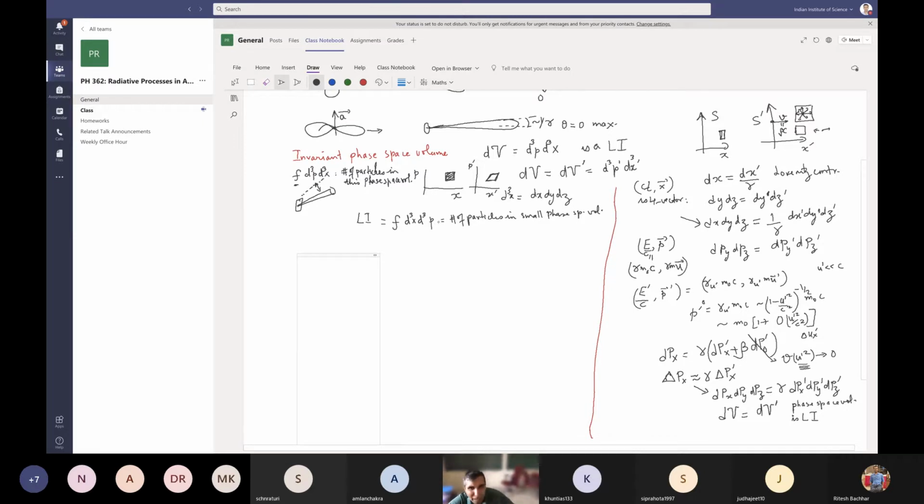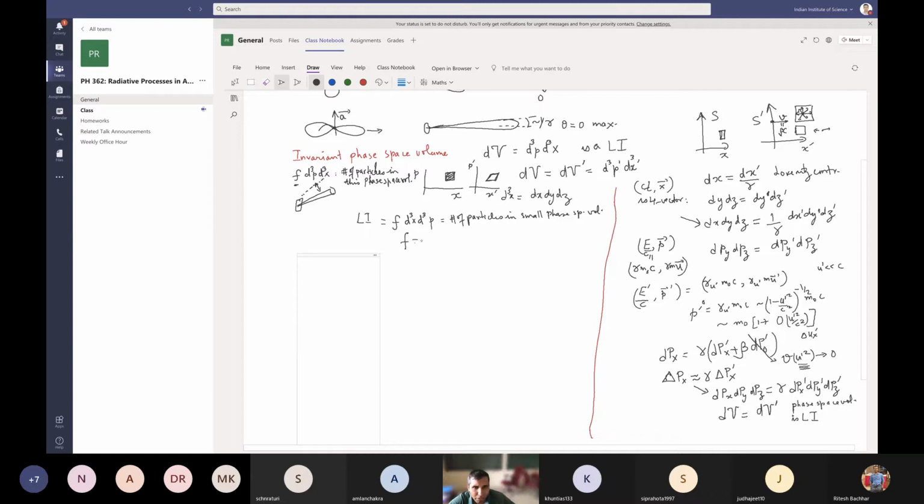If you have, say, a bag with 5 marble balls in the bag, whatever frame you measure the number in, it will be the same. So this is a Lorentz invariant.